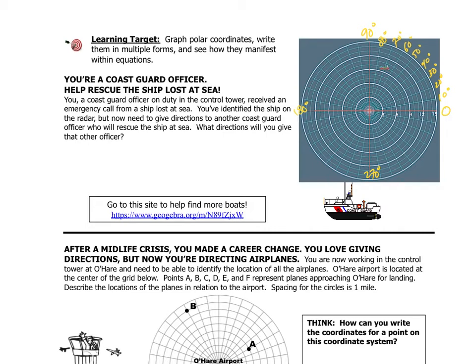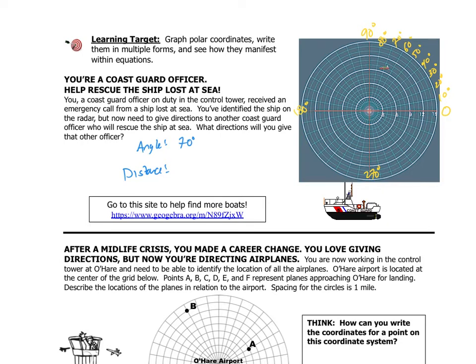And now we can locate our ship. So we want to know about the angle of rotation. The angle of rotation is 70 degrees. And then we want to know the distance from the pole. Remember, each one of the bold or white circles is 3 units. So we can go ahead and count that.